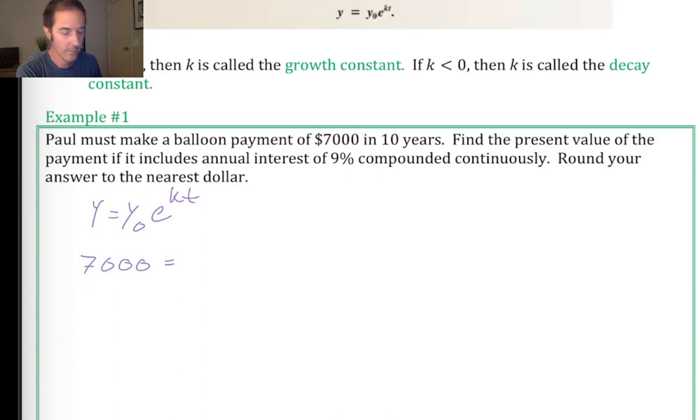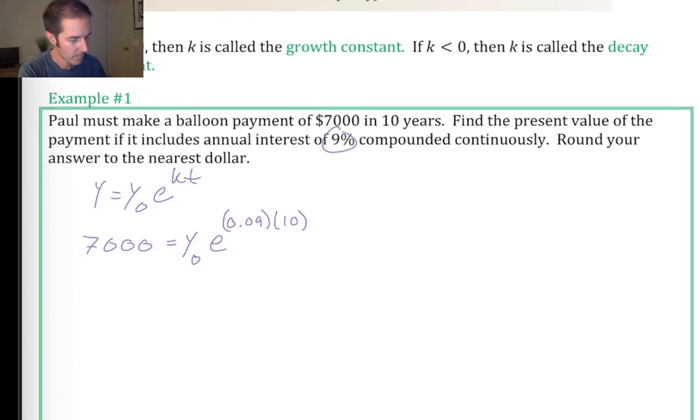That would be our starting value, y sub 0. We don't know what that is yet, but we're going to multiply it by e to the, our k value is going to be 9%, which we'll represent as a decimal, 0.09. And he's got to make that balloon payment in 10 years, so our t value as measured in years is going to be 10. And all we have to do is solve for y sub 0.